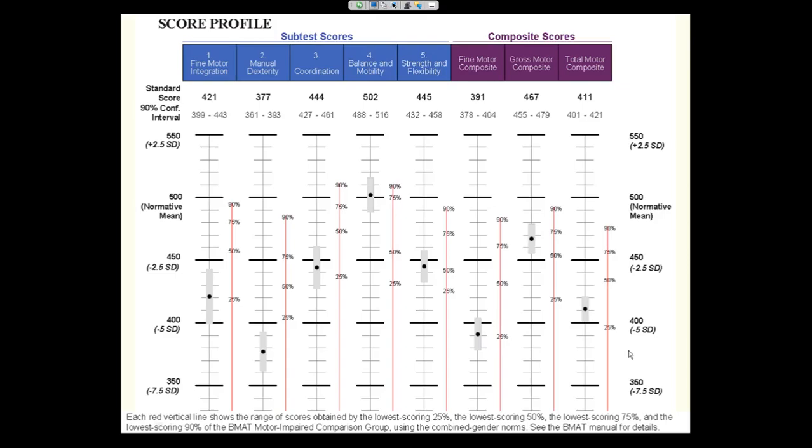So the red line over here on the right hand side of each of the scores shows the percentage. Basically, this is the lowest 25%, the lowest scoring 50%, the lowest scoring 75%, and the lowest scoring 90% of the individuals in the motor impaired comparison group.